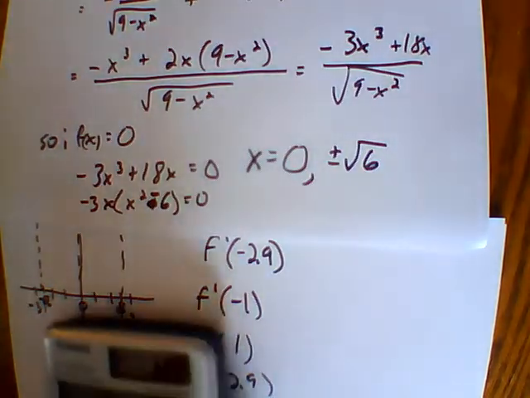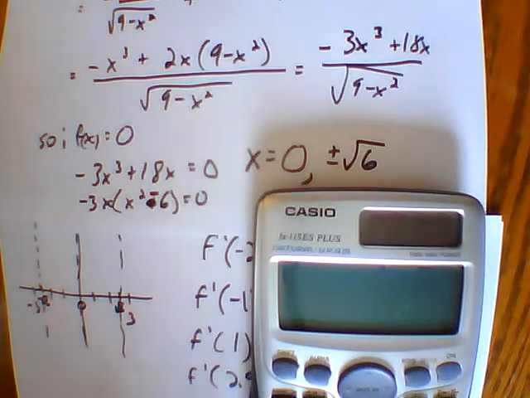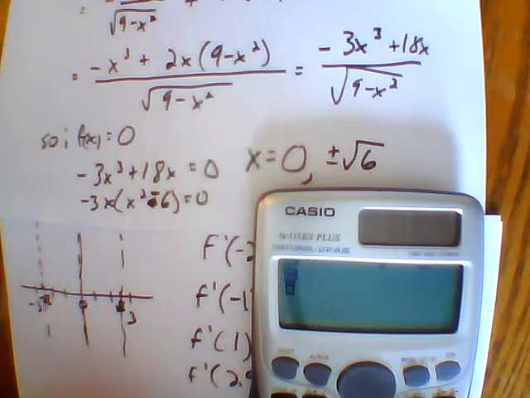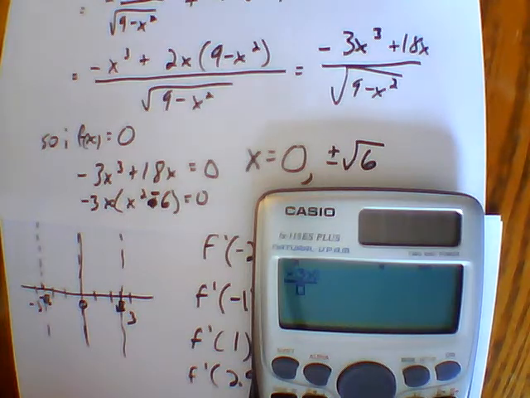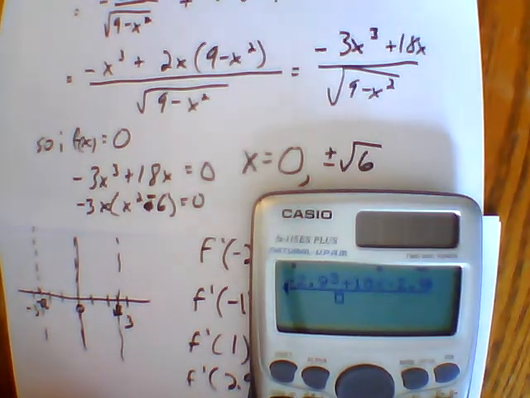So if we grab our calculators here, let's see if I can get you to see the calculator in here. We would look at having a fraction where we would have this negative 3 times our negative 2.9, once again cubed, and then plus 18 times our negative 2.9.